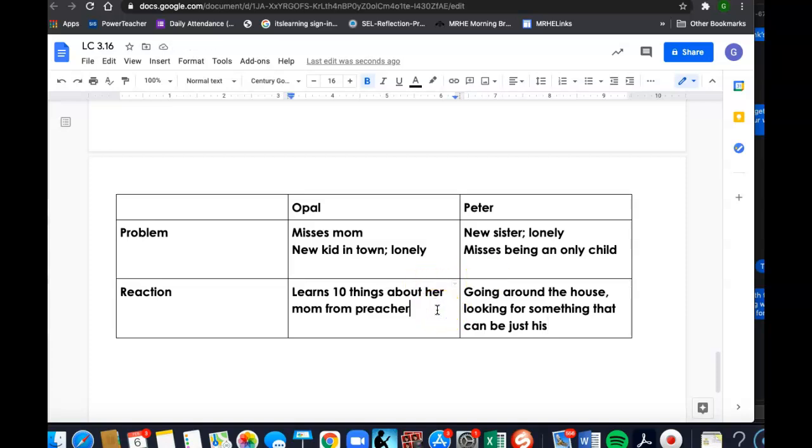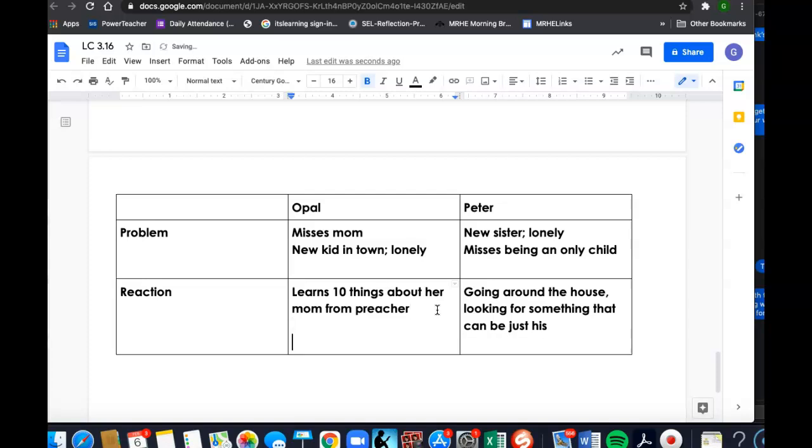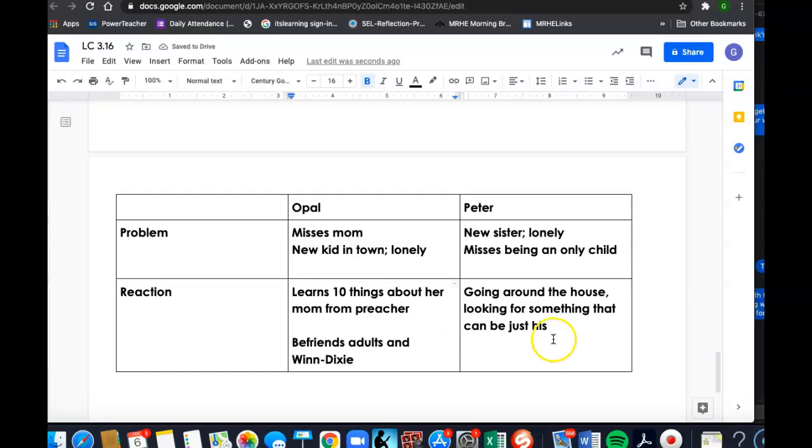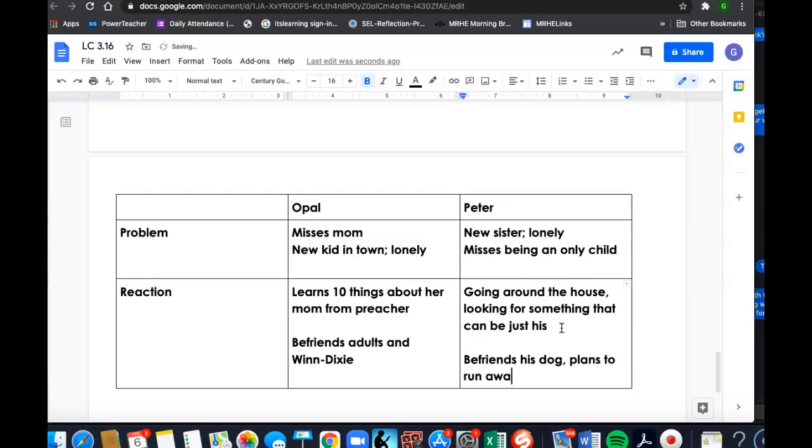Now, let's talk about what Opal does by being the new kid in town. She befriends adults and our favorite character, Winn-Dixie. Peter also befriends his dog, but makes plans to run away from his loneliness and his new sister.